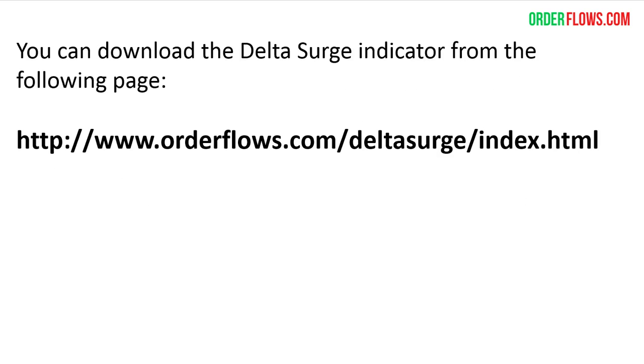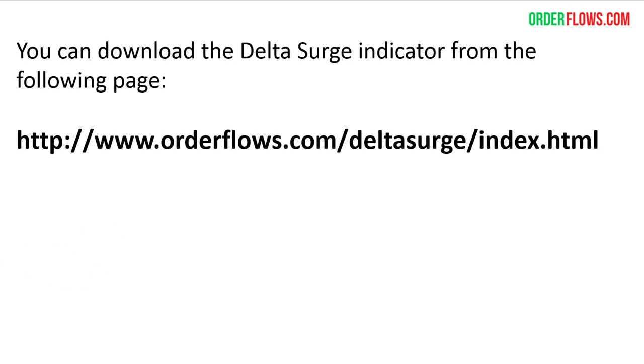Okay, so like I said, if you stuck around to the end here, I'll tell you how to download it for free from my website. You can download it if you go to the following web address, www.orderflows.com/deltasurge/index. Honestly, it's a bit of a mouthful. I'll try and change it, but for now, this is the website.